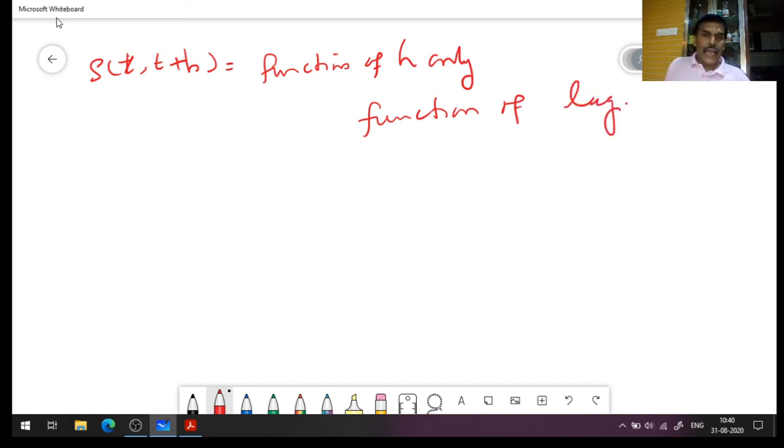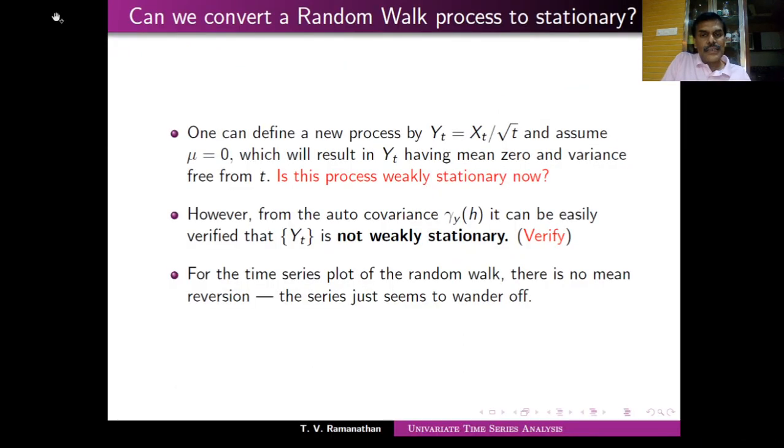Otherwise, once it starts depending on t, you don't have stationarity. We are talking about weak stationarity; I told you that we always talk about weak stationarity. So this fact is very clear: it is not going to happen in this case.